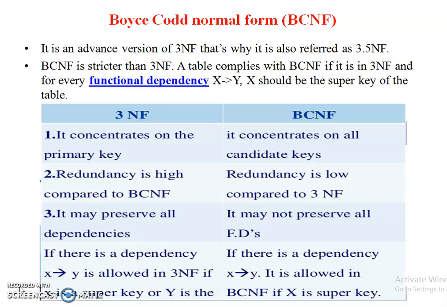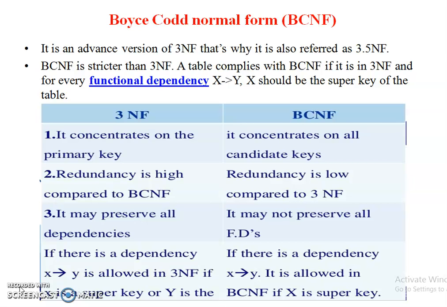Now we discuss the difference between third normal form and Boyce-Codd normal form. 3NF stands for third normal form and BCNF stands for Boyce-Codd normal form.